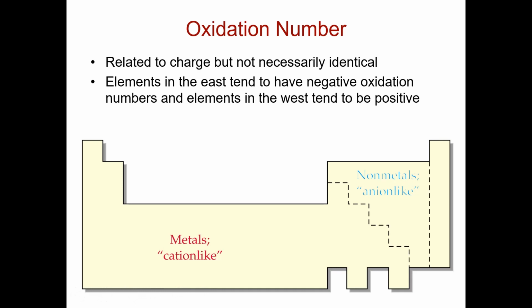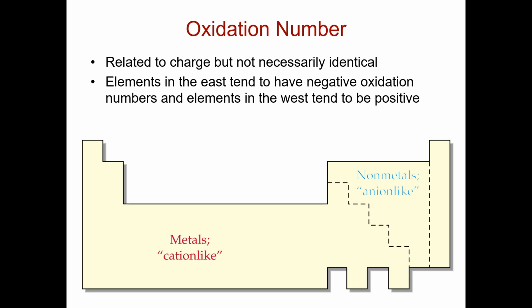Now, oxidation number, you may hear that term sometimes. It's related to charge, but it's not necessarily the same thing. So sometimes we will use the terms oxidation number and charge interchangeably, but they're not really the same thing. The charge is what we would think of from the periodic table.